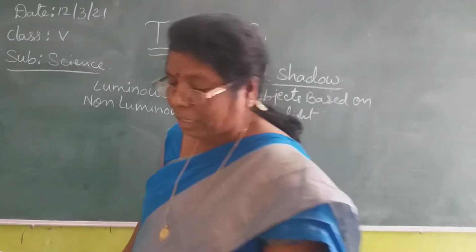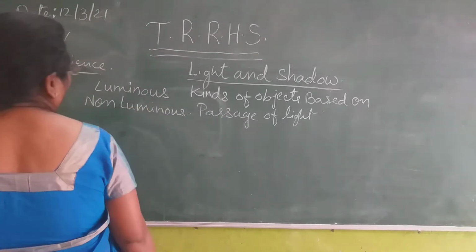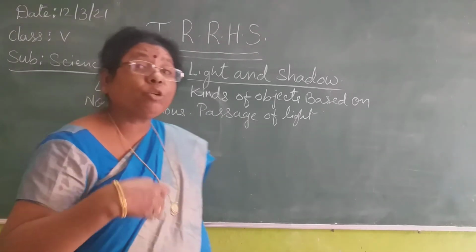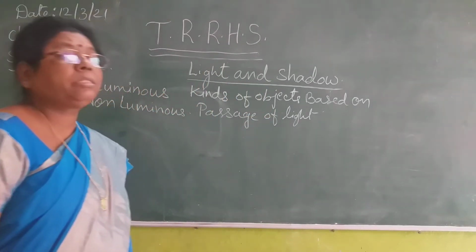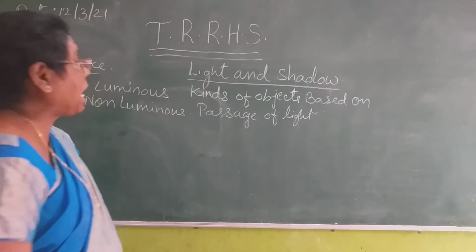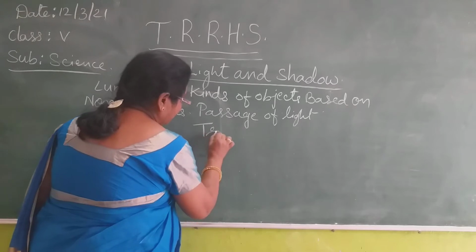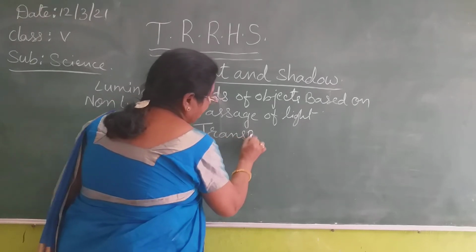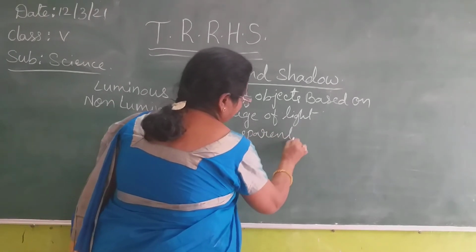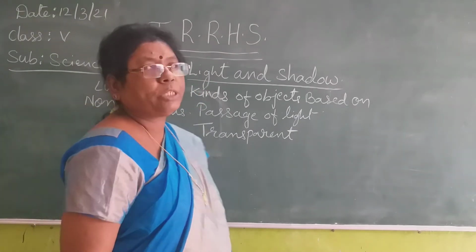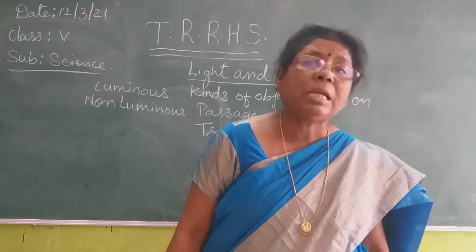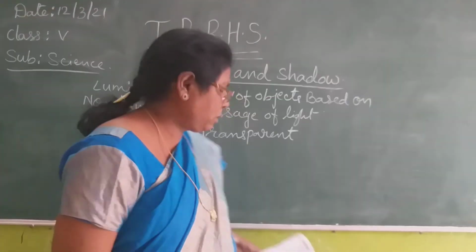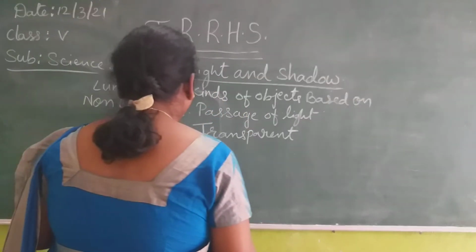So here, an object that allows light to pass through it is known as a transparent object. The objects through which the light passes easily are known as transparent objects. What are the examples?